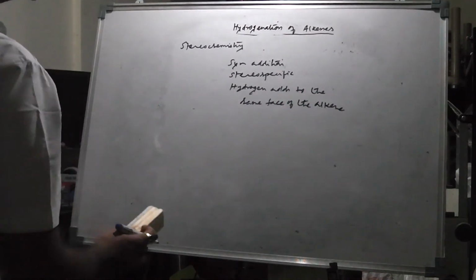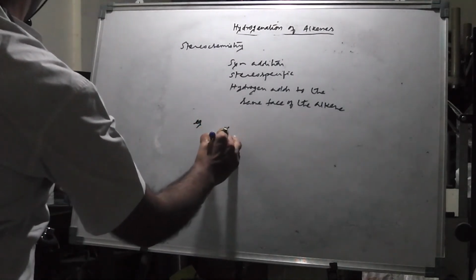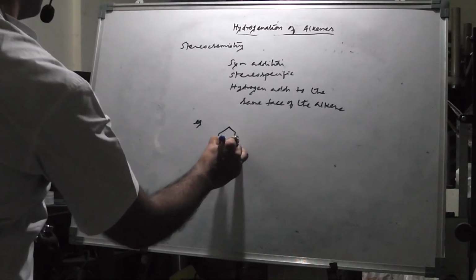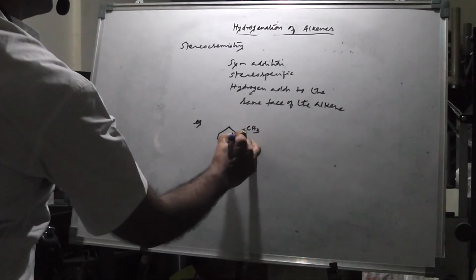Example: this is 1,2-dimethylcyclohexene.